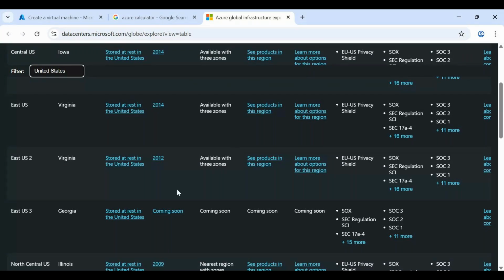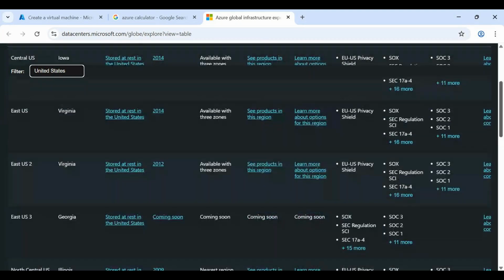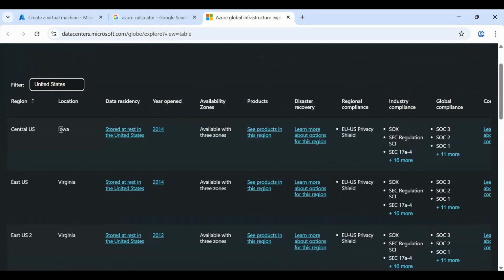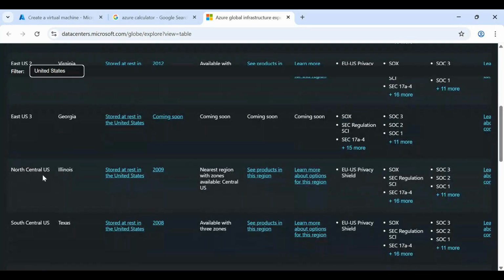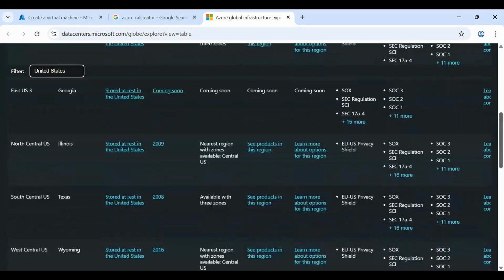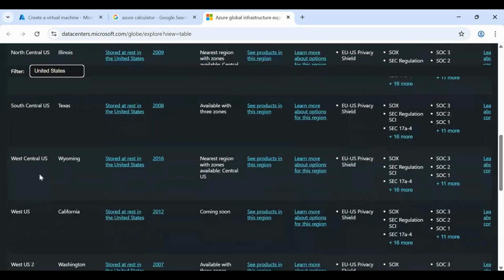In central, I already showed you central US, right? Apart from that, they have north central, south central, and west central too. So four categories are there in central itself.